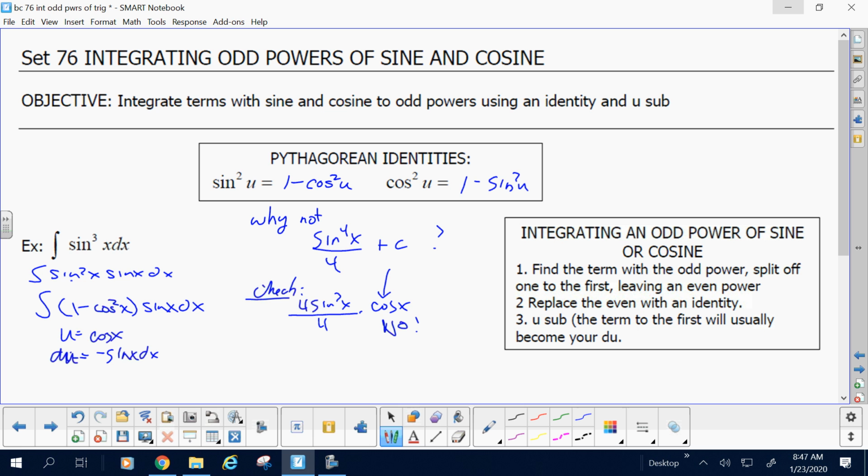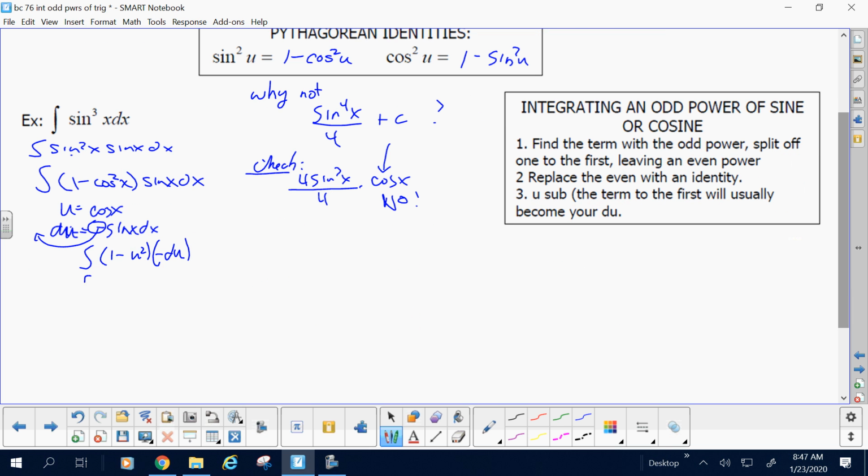We need to move that over. You with me? All right. So when we substitute, what do we get? 1 minus u squared, but then a negative du, right? So if I take that negative and multiply it in, then that's the same as u squared minus 1.